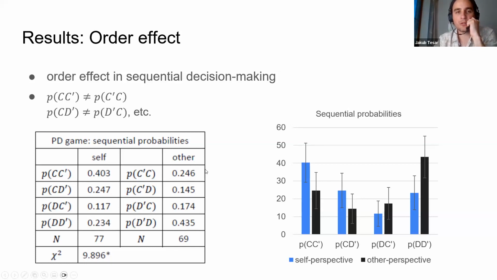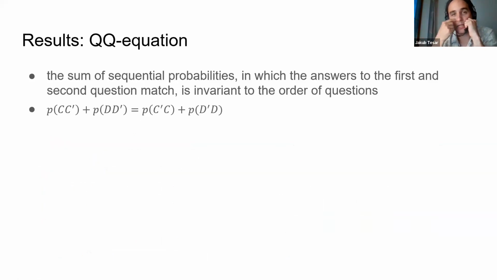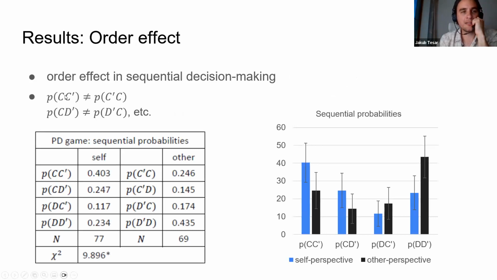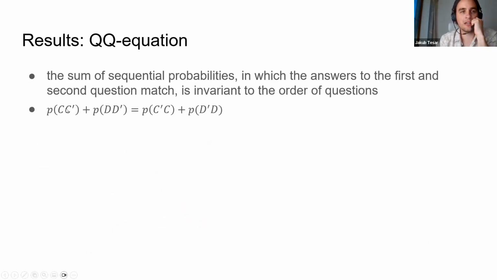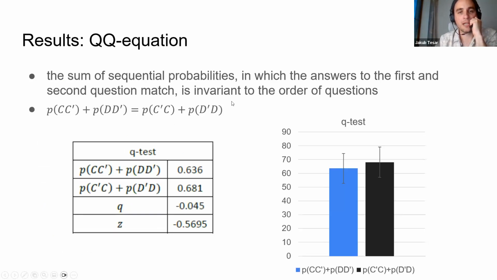But there is this other prediction of this quantum model, derived by Jerome and Joyce and others, which says that even though P(C′C) is not equal to P(CC′), you still should see that P(C′C) plus P(D′D) is equal to P(CC′) plus P(DD′). So the sum of mutual cooperation and mutual defection in the first person perspective should be the same as the sum of those two in the other person perspective, which is actually what you can see quite well in the data.